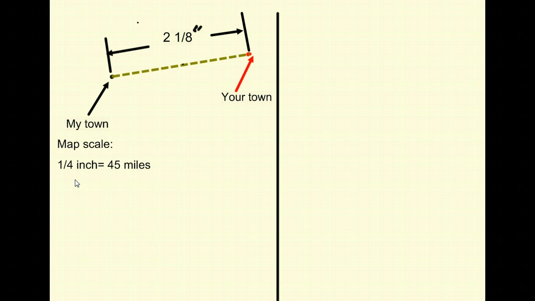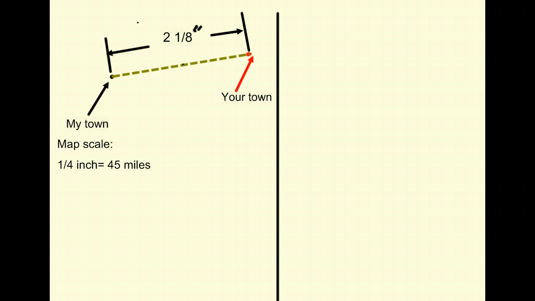And I notice on the map that the scale is 1/4 inch equals 45 miles. So I want to calculate how many miles 2 1/8 inches represents in real life.